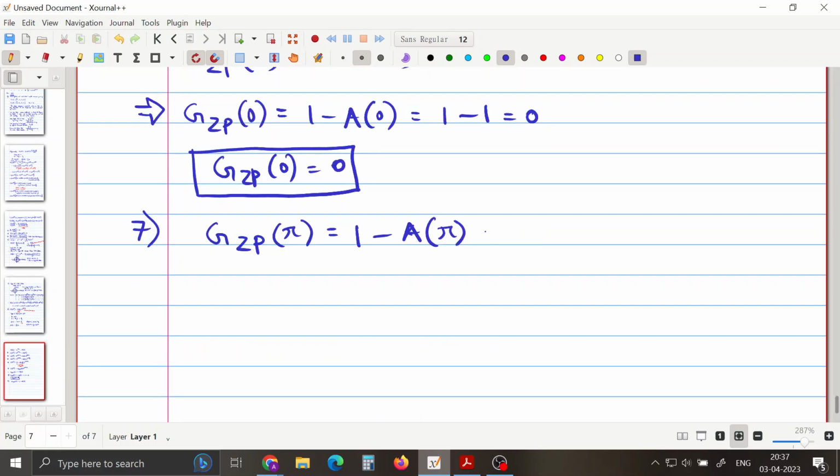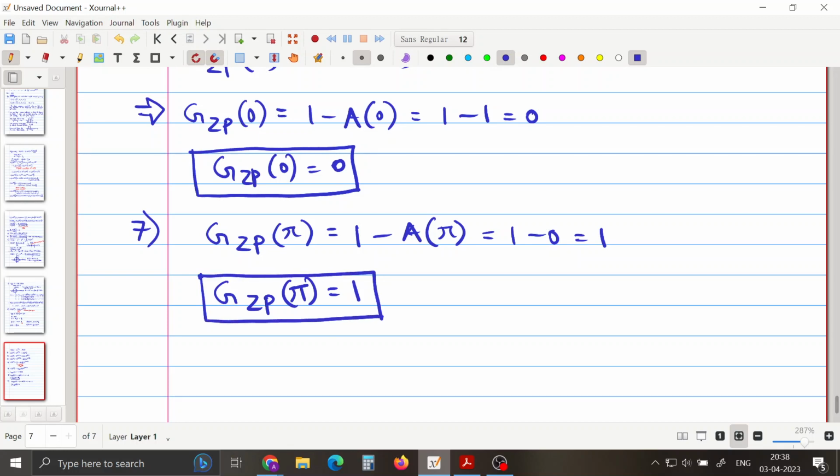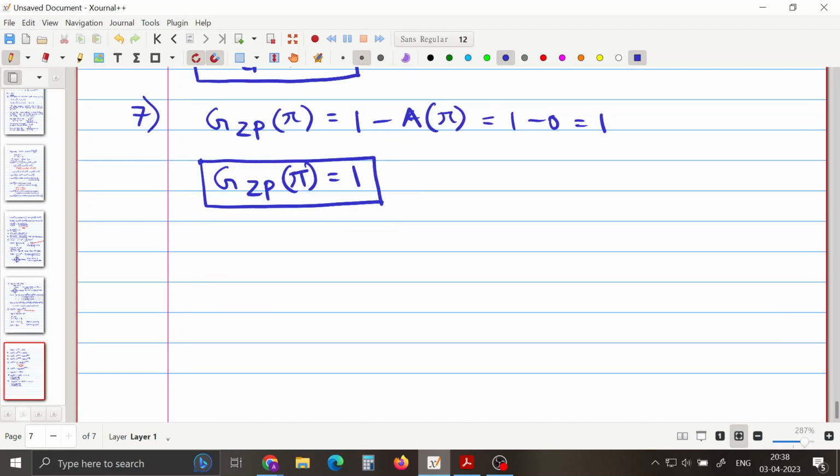So this is 1 minus 0, which is 1. So gzp of pi is 1. So question number 7 is also done.